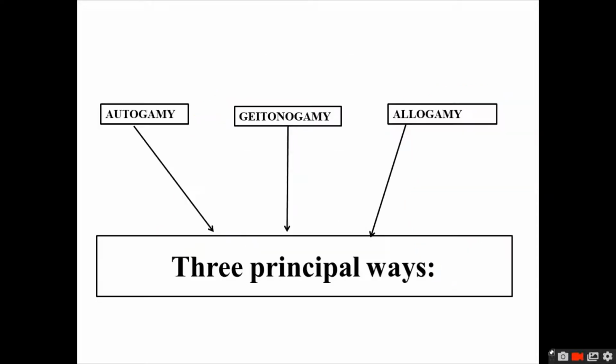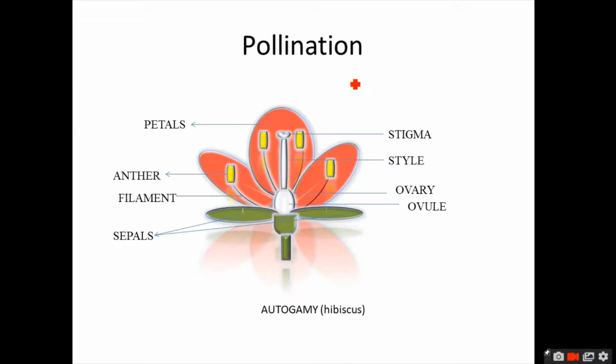Now we will see the three principal ways in which pollination occurs: autogamy, geitonogamy and allogamy, and we will see each one of them with the help of a diagram. Let's start with the first principal way, that is autogamy.